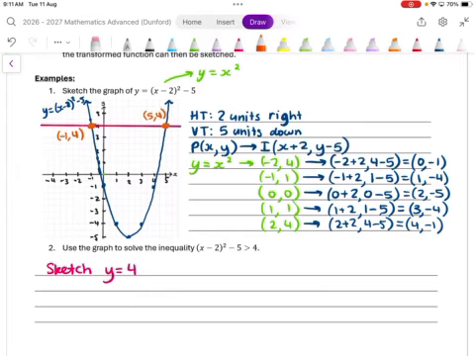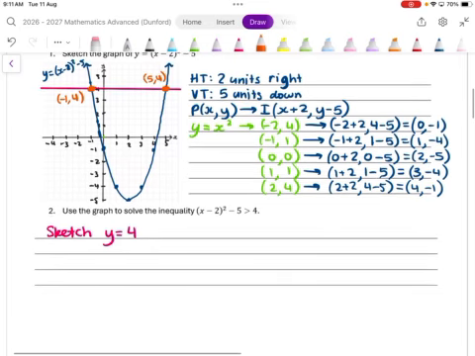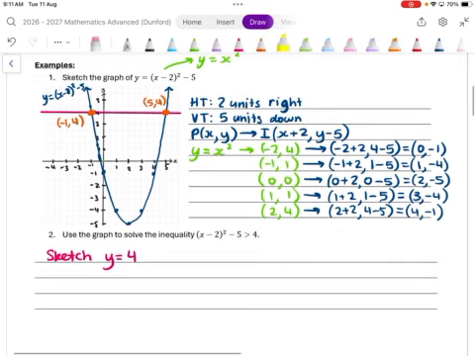So if we're writing an inequality, what we want is where is the graph greater than 4. Okay, so where is our function greater than 4? So where is our function above the line?